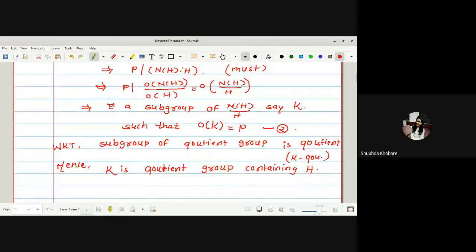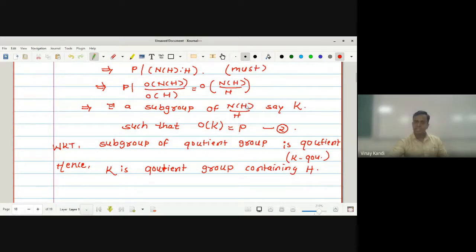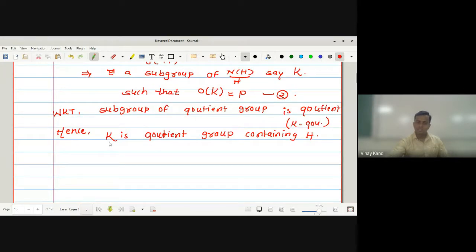H. NH हा H हा NH मध्ये आहे. H is NH contains H. Okay. Similarly, here the K is the subgroup of this quotient group. Hence, this K is the quotient group containing H. हा H कोणामध्ये असणार? K मध्ये असणार. Okay. Any doubt? इथपर्यंत काही डाऊट नाही sir.